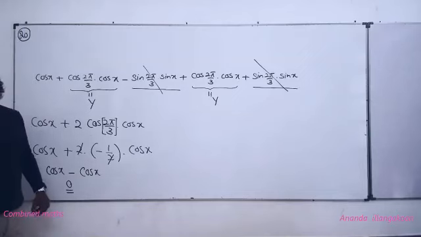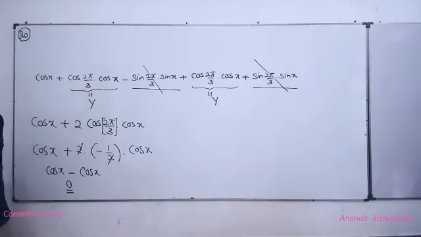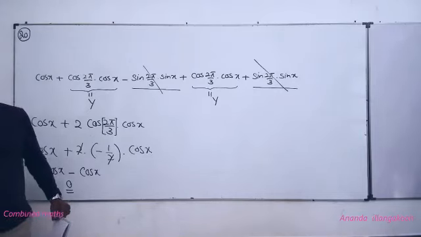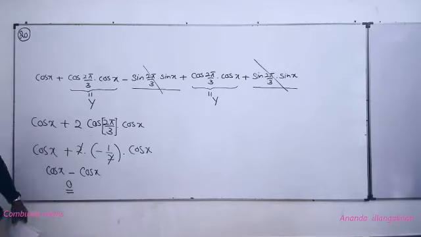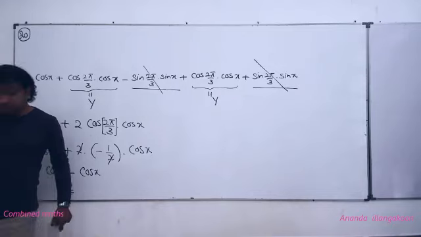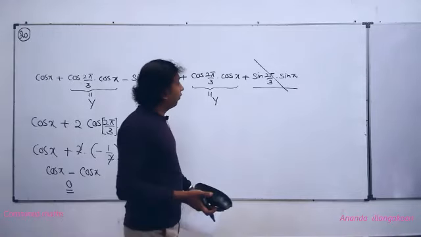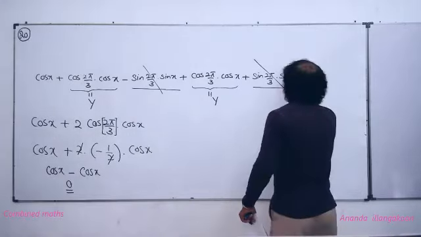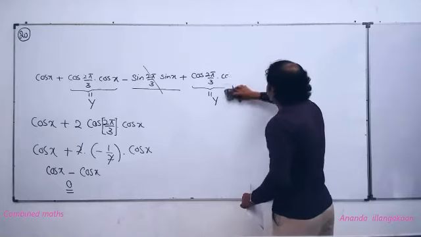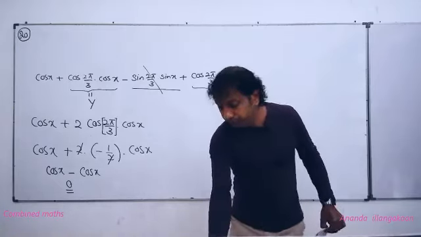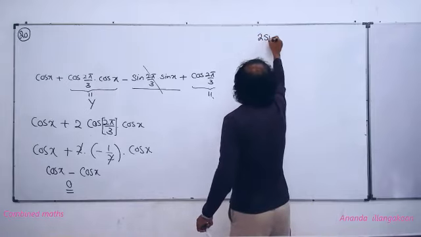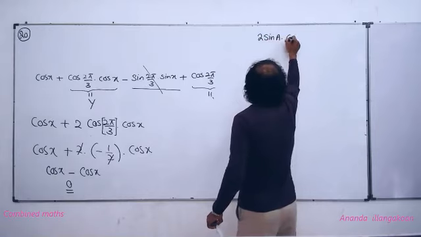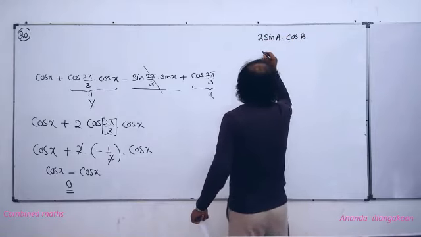People, in answering these questions in number 20, we need the formulae we learned. Product formulae, you know, we learned 4 product formulae. Can you remember the 4 product formulae we learned? People, there were 4 product formulae, no? 2 sin A cos B, the first one.